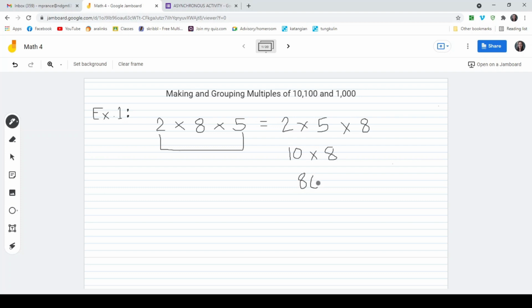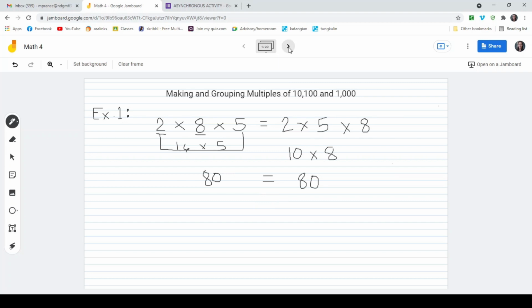So that's how we get the product of this number easily. If we check our answer, 2 times 8 is equal to 16, multiplied by 5, you need to compute on a piece of paper, will give you also the product of 80. So that's one way of finding the product mentally.